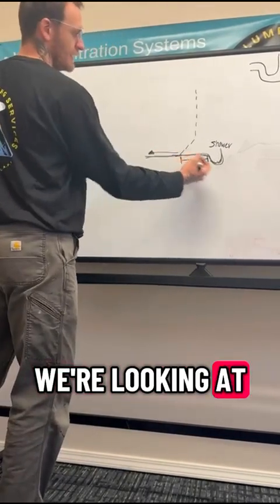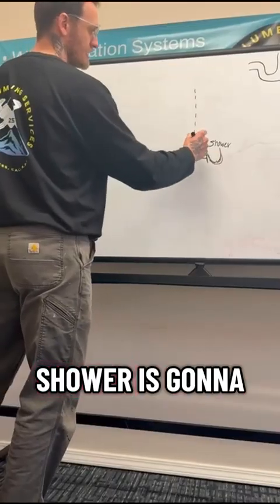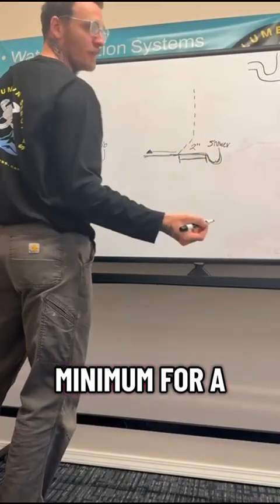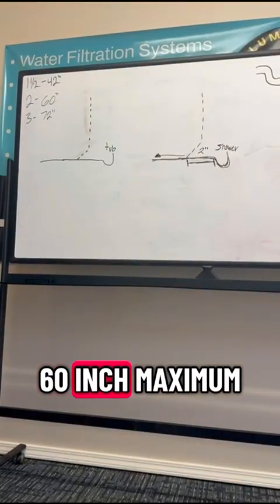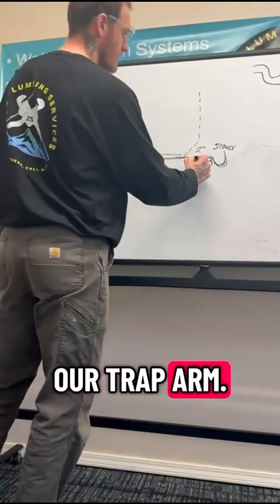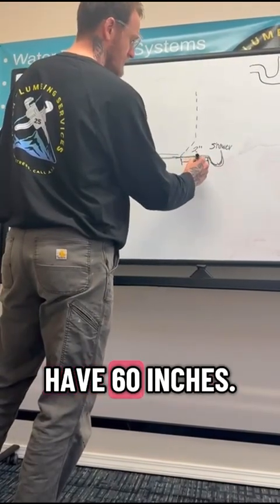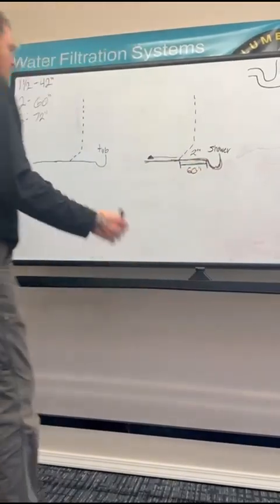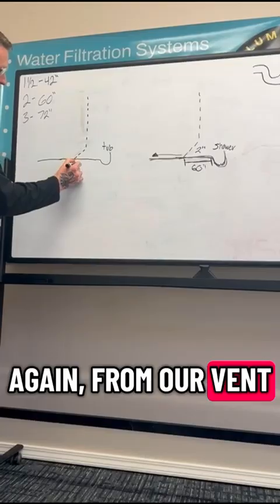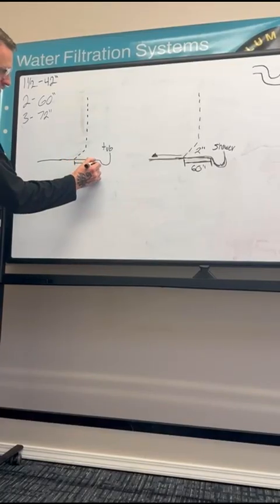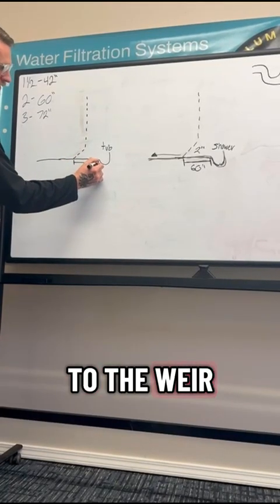So if we're looking at the shower here, a shower is going to be 2-inch pipe minimum. And if we look over here, we're looking at a 60-inch maximum developed length of our trap arm. So here we are allowed to have 60 inches. And now if we're looking over here at a bathtub, again, from our vent to the weir of our trap.